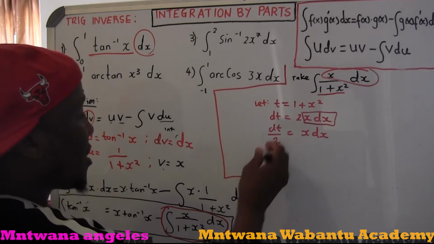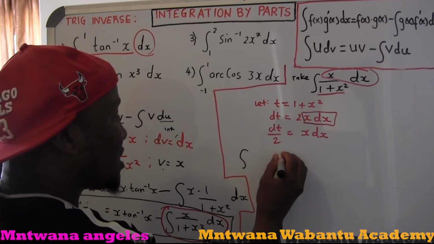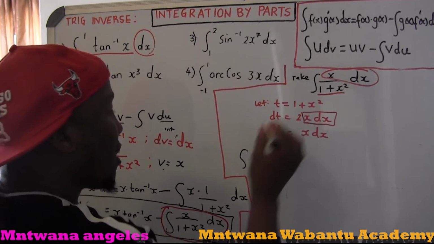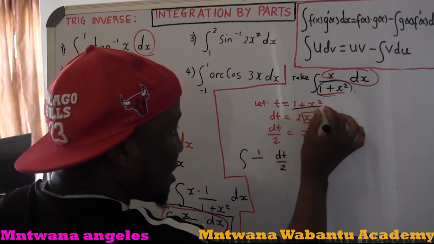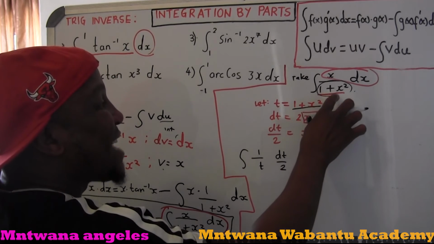So that's going to become the integral, with x dx replaced by dt over 2, and then 1 over this stuff here, which equals t, so over t because it's in the denominator.